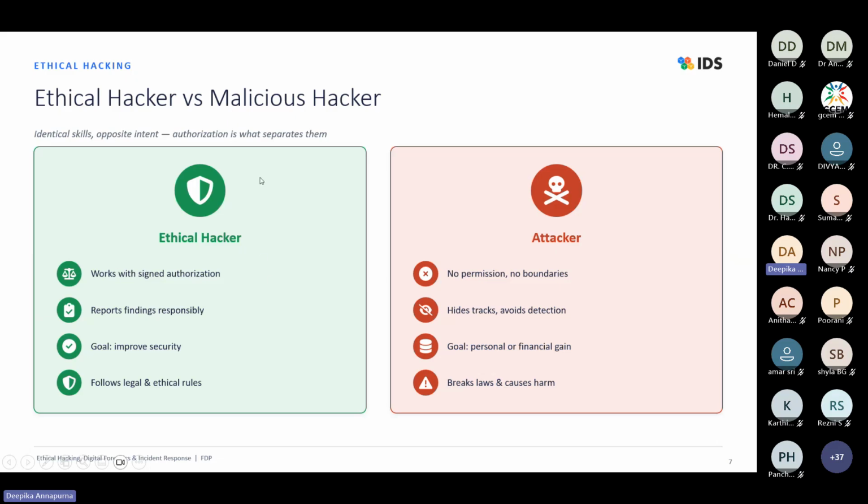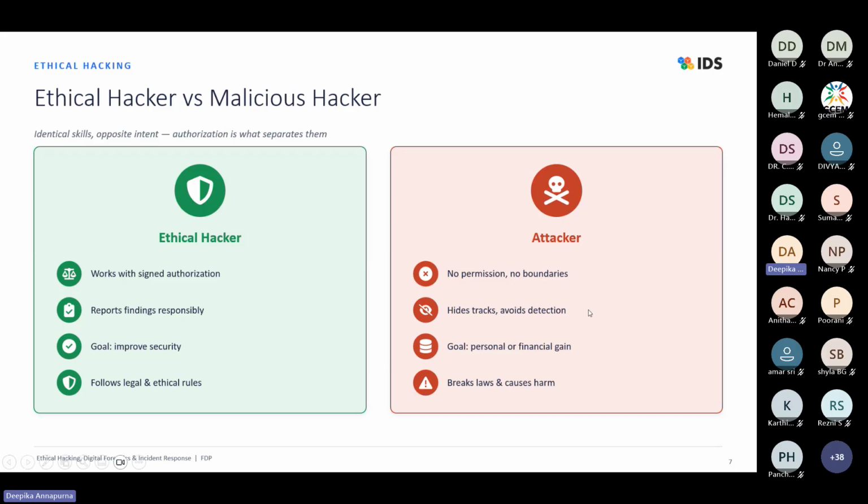The ethical hacker is working legally, and he will report the vulnerabilities inside the system or the application to the organization. He will report the findings responsibly. A consent agreement will be made between the hacker and the organization, saying that this is the scope: you have to test this application, report the vulnerabilities, and test the complete application.